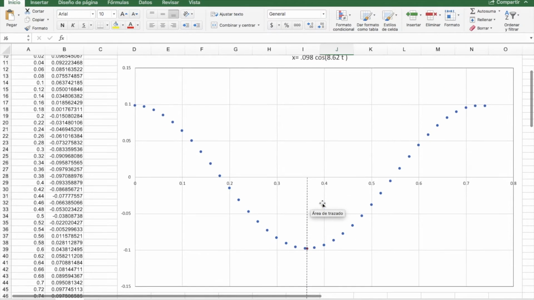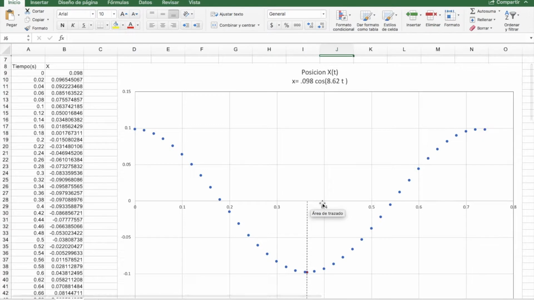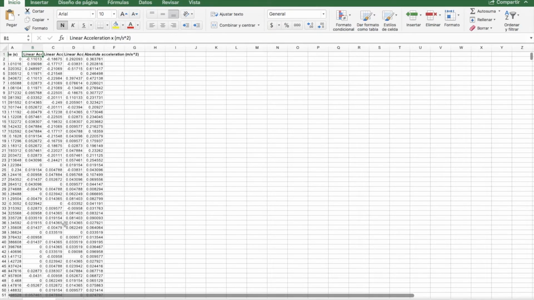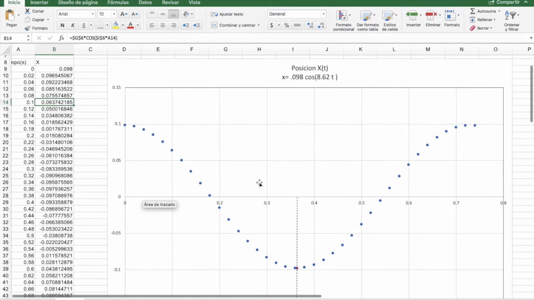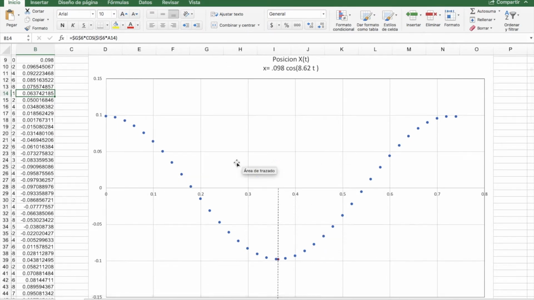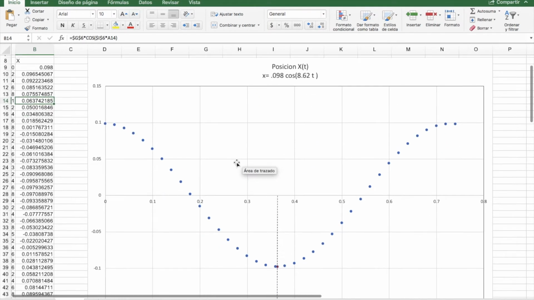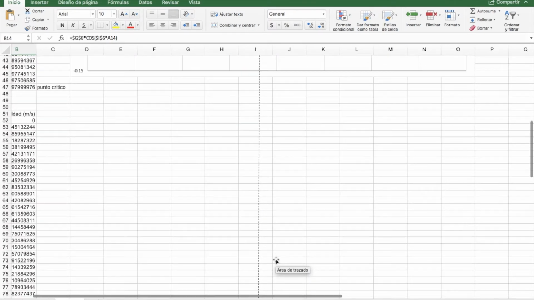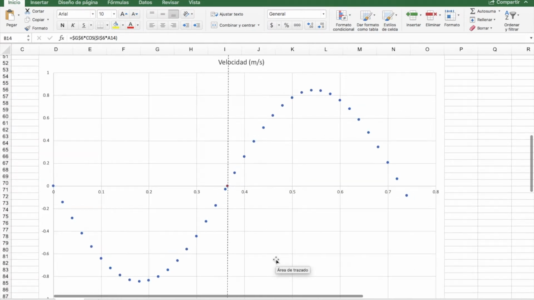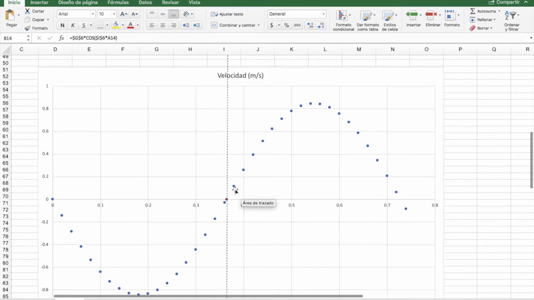So we only graph a part of the data that we have collected. And here is all our data. This is only a part of it. So we graphed this, and as you can see here, the position is a minimum. And as I told you, when the position is a minimum, it means that velocity needs to be 0.